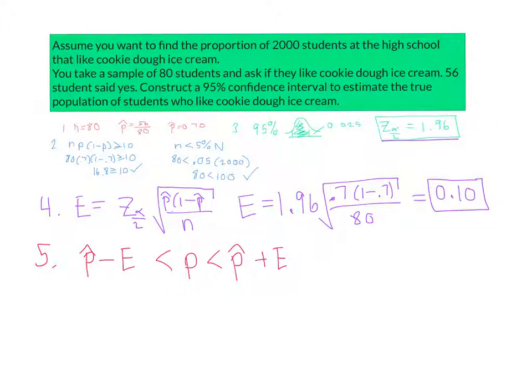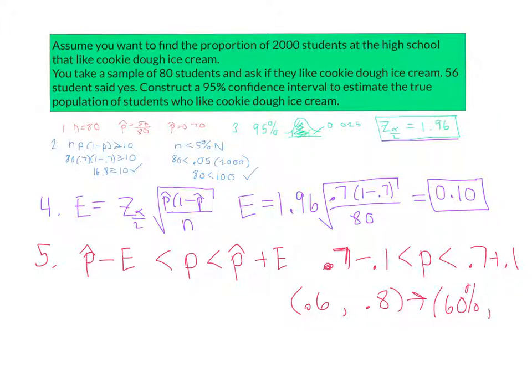So that means our sample proportion minus E is less than our population proportion, which is less than our sample proportion plus E. So we just need to go here: 0.7, which is our sample proportion, minus 0.1 is less than our population proportion, which is less than 0.7 plus 0.1, which is saying that our population proportion is between 0.6 and 0.8, or between 60% and 80%.